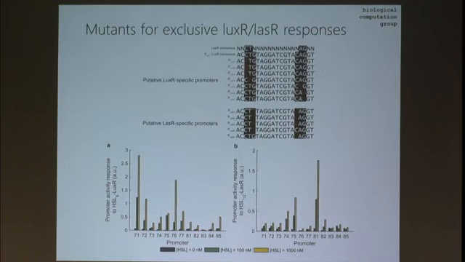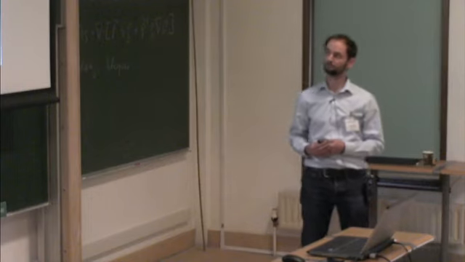So we looked at the sequence of P-Lux and proposed a number of different mutations, in the hope of finding variants that were very LuxR dominated and very weakly dependent on LasR, and maybe even vice versa.